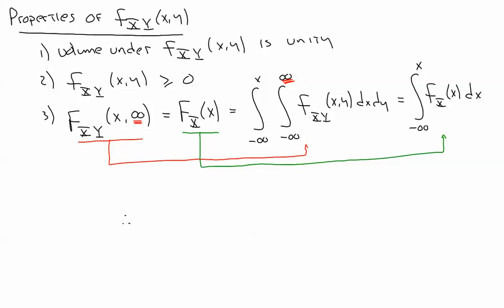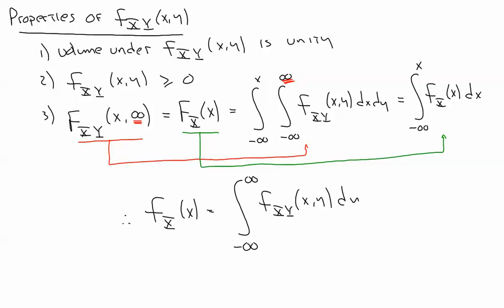My marginal probability density function can be found by integrating from minus infinity to plus infinity my joint PDF. All right? If I take my joint probability density function and I integrate over all possible values for y, from minus infinity to plus infinity in y, then I get back my marginal PDF in x.